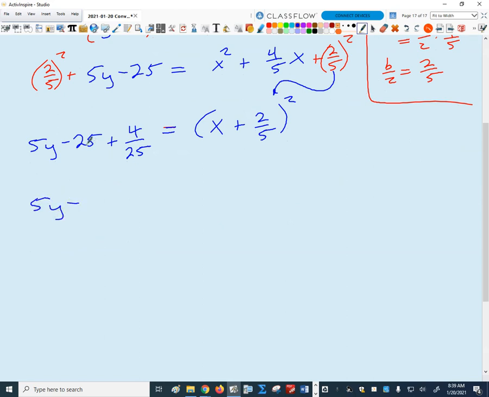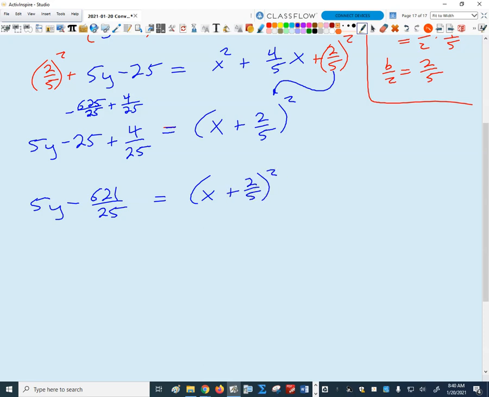I'm going to have to multiply this by 25 over 25 to get a common denominator. So that's going to be a minus 625/25 plus 4/25, which gives us negative 621/25, just a number, equals the quantity x plus 2/5 squared.